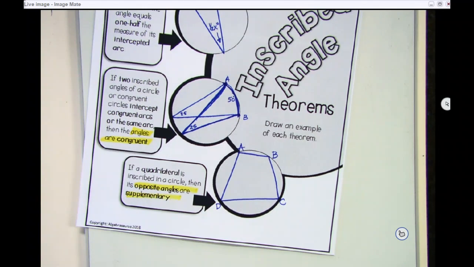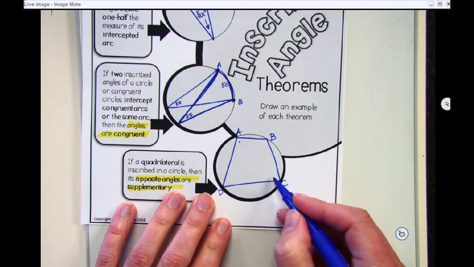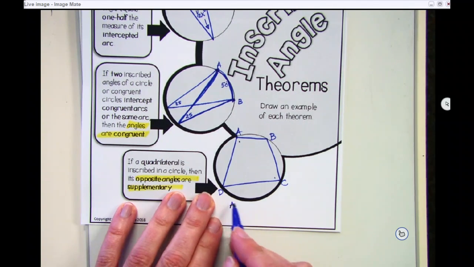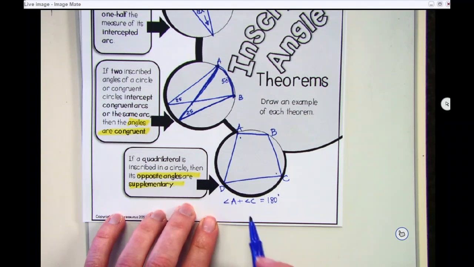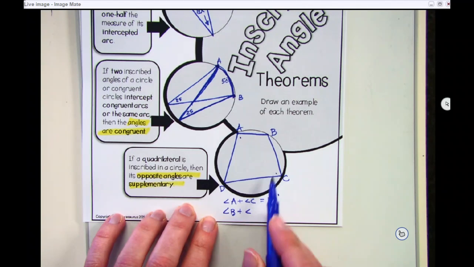Supplementary means adds up to what? 180. So A and C add up to what? 180. And the other pair would be angle B and angle D, add up to 180.